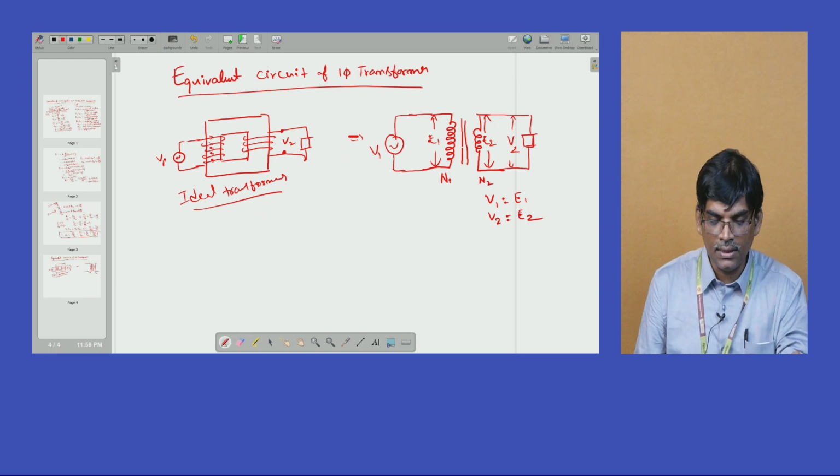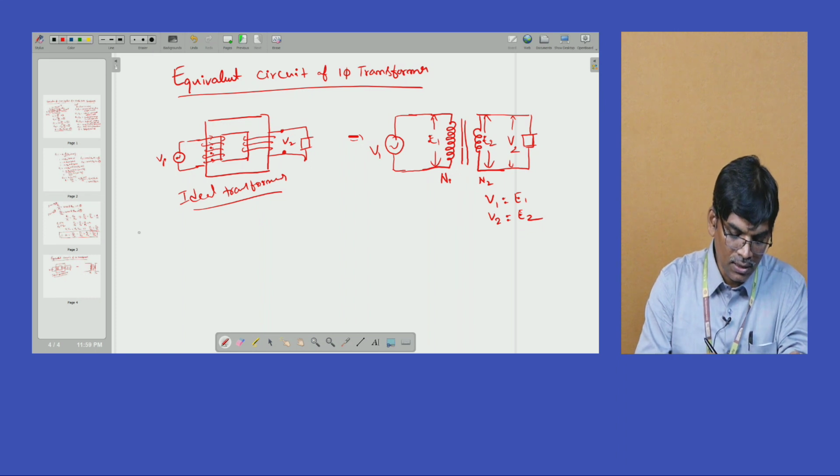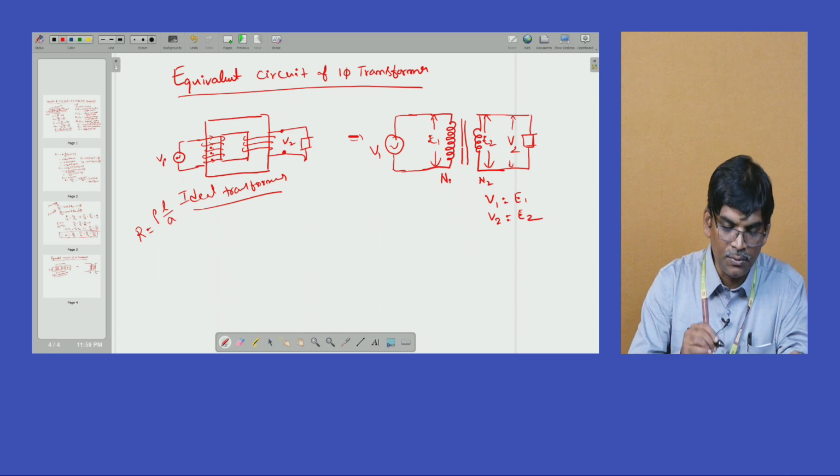But practically any transformer uses copper wire, which offers some resistivity. Due to copper resistivity, the resistance of the winding depends upon the length of that coil, and is inversely proportional to the area of cross section.